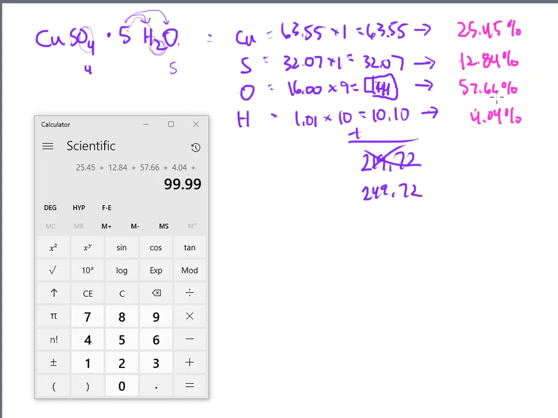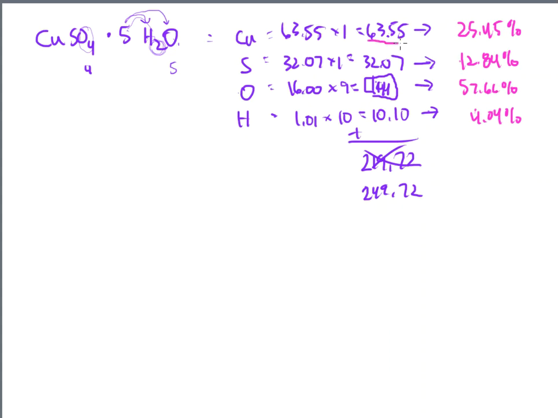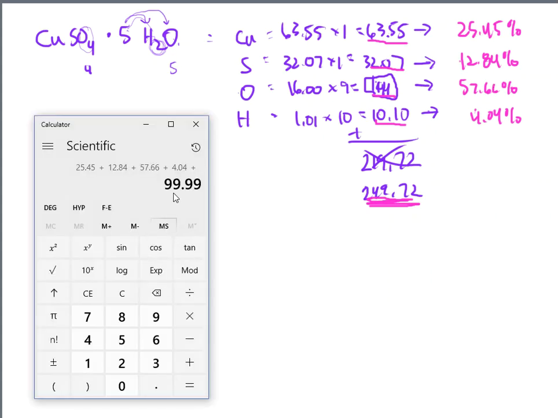The way that I got these percentages, I took the totals that I got from here, and then I divided it by the new formula weight that I made the mistake on a couple of minutes ago. So 249.72. And then you multiply by 100 to get a percentage. When you add all of these up, you're going to get a 99.99%, and that's close enough, right?